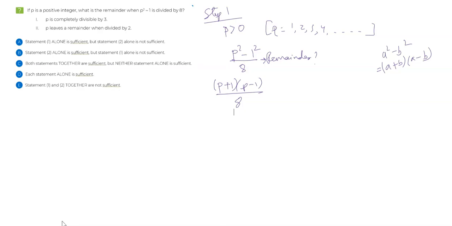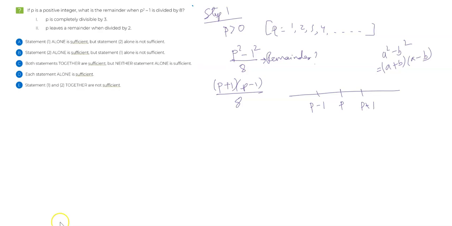Now notice an interesting thing here. Because p is a positive integer, p plus 1 is the number just above it, and p minus 1 is the number one below it. So p minus 1, p, p plus 1 are three consecutive integers.